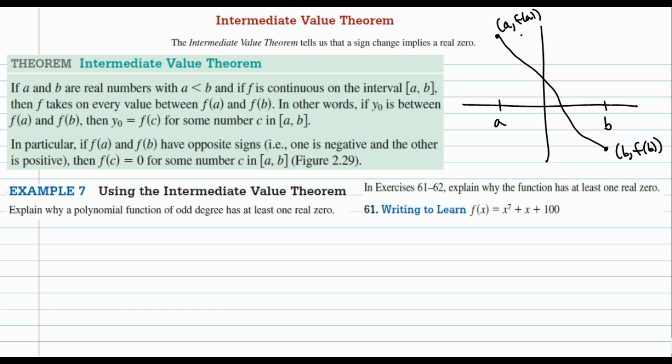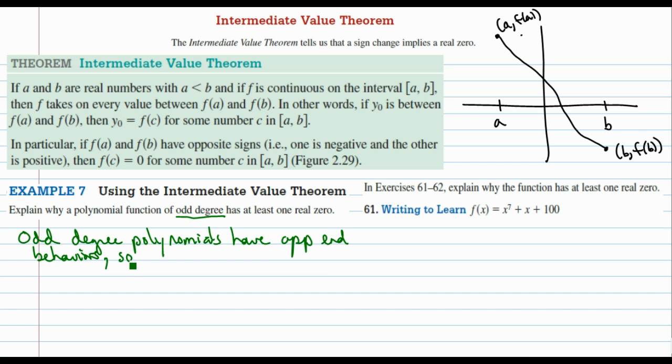So example 7 says, using the intermediate value theorem, explain why a polynomial function of odd degree has at least one real 0. Okay, so there had to be a reason why they gave you odd degree in here. So I'm thinking odd degree and intermediate value theorem, positives, negatives. Well, I know odd degree polynomials have opposite end behaviors.